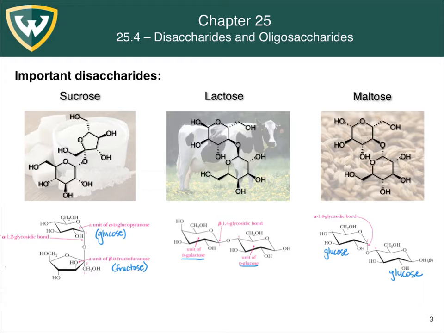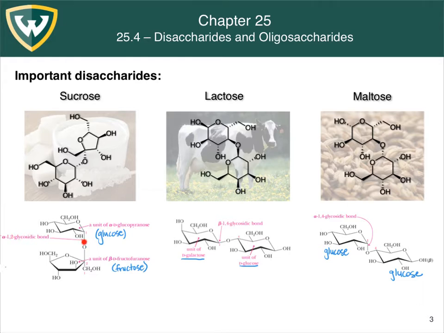In sucrose, you can see that the glycosidic bond is formed between the anomeric carbon, or carbon 1, of glucopyranose, whereas it's joined to carbon 2 of the anomeric position on fructofuranose. This linkage between position 1 and position 2 makes it a 1,2 glycosidic bond.